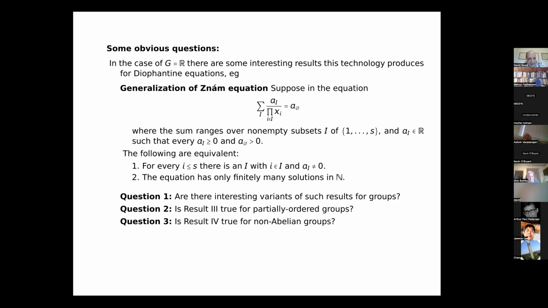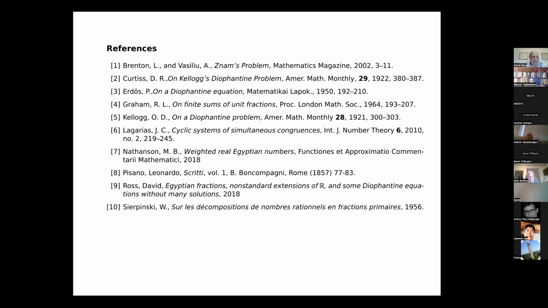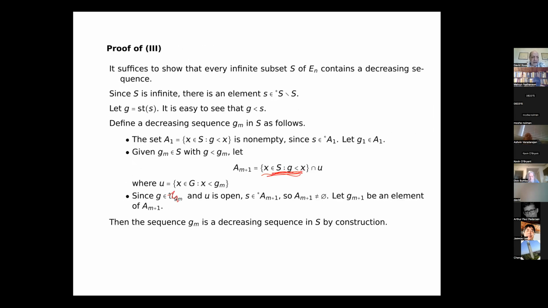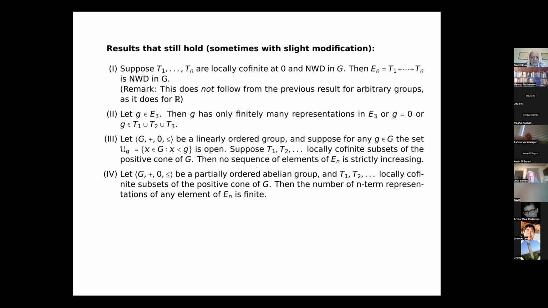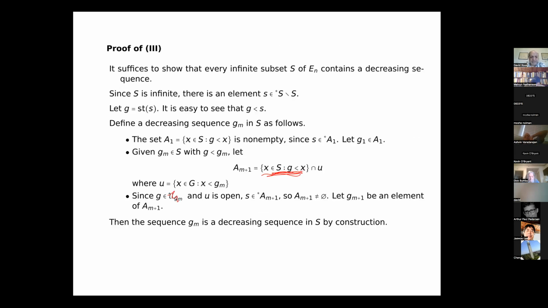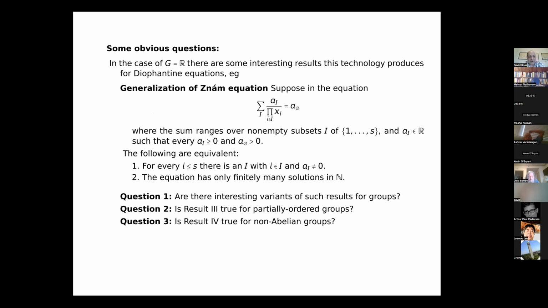Does the last result, which I didn't prove here, about the number of n-term representatives being finite, hold for non-abelian groups? I don't know. So there are various questions you can ask.